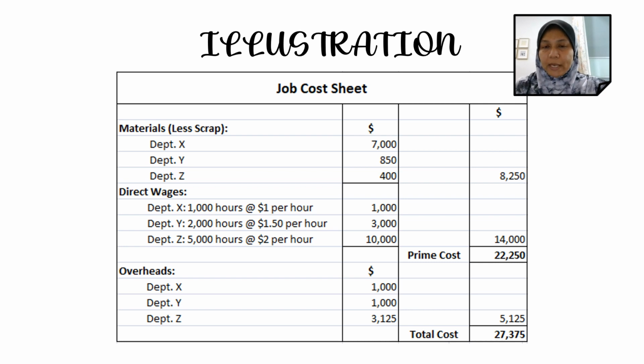In this example, we have materials used by each department, department X, Y, and Z, as well as the direct labor payable to the labor from each department on an hourly basis, and the production overheads to be absorbed by each department. For the production overhead cost, we need to determine the overhead absorption rate, which we studied in the previous chapter.